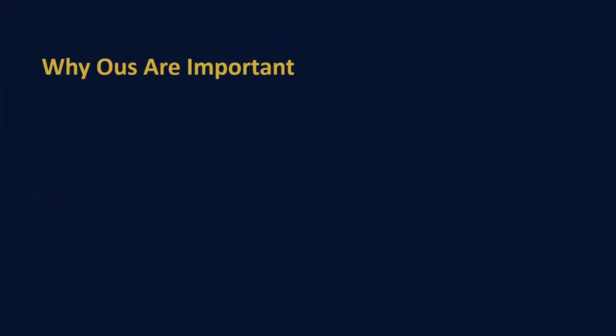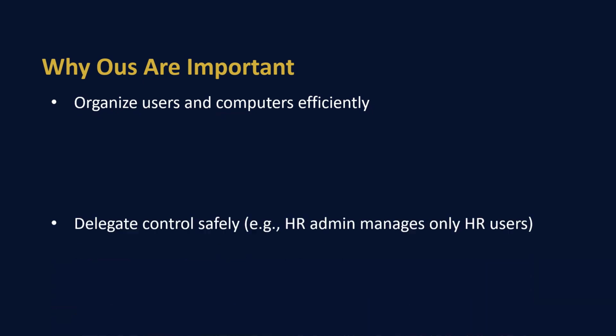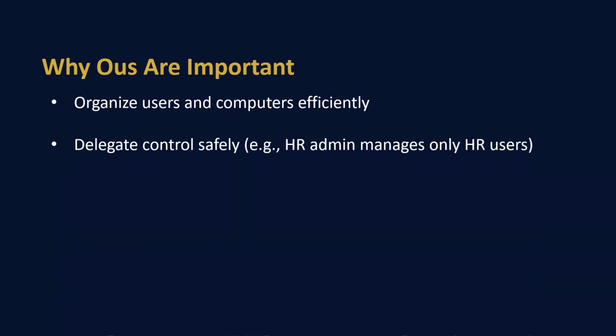Without OUs, every user and computer is in one flat container, which quickly becomes unmanageable. OUs allow us to organize users and computers efficiently by department or location. They enable us to delegate control safely, for example, giving the HR administrator power over only HR user accounts. And they ensure you can apply group policy objects at exactly the correct organizational level, keeping the policies clean and targeted.